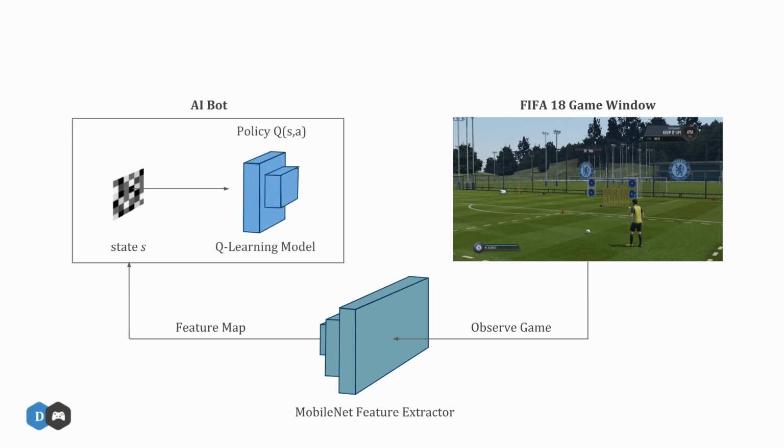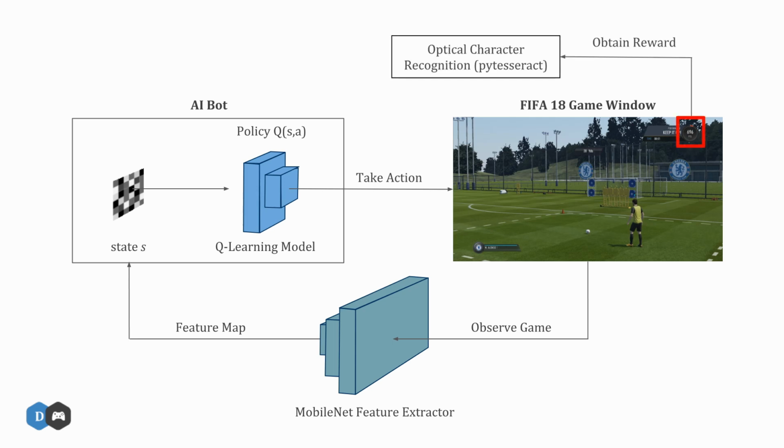Then, we will train a dense neural network that will take this state as input and decide what action to take. This network is the brain of this bot that learns how to take free kicks. It will take one of three actions: move left, move right, or shoot the ball. Once we take an action to interact with the game, we will observe its outcome from the performance meter.